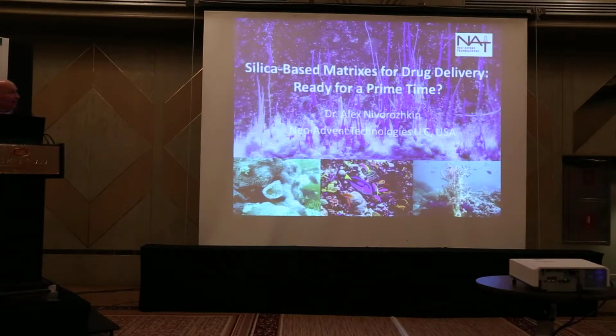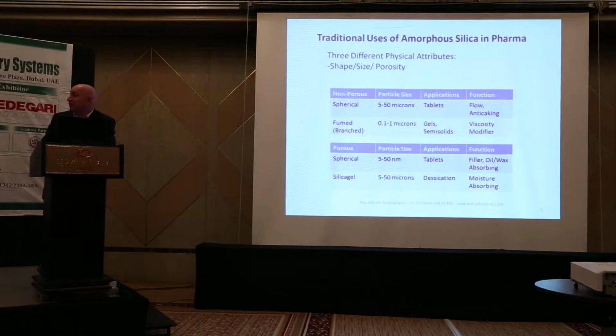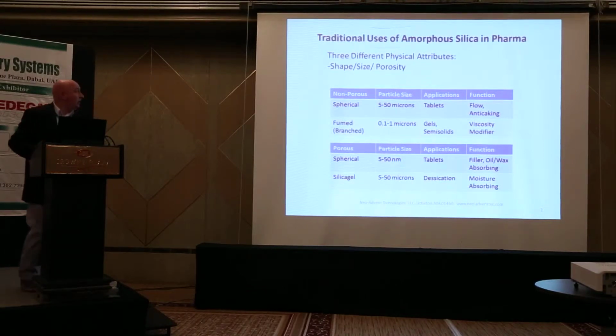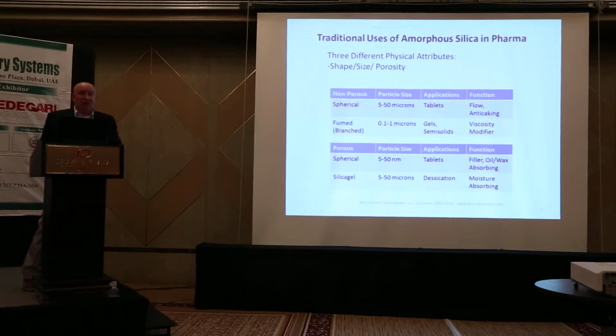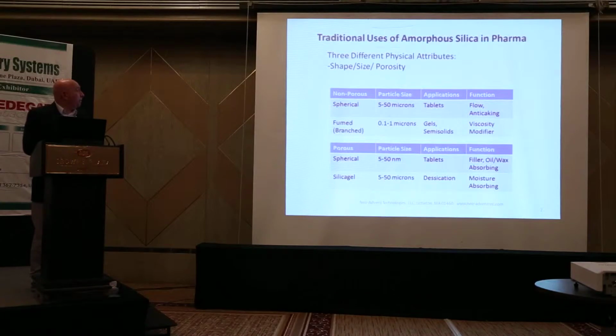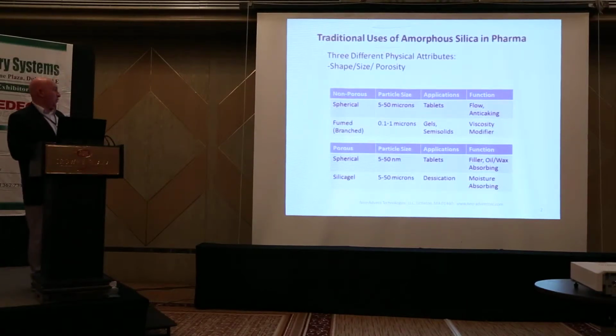I put together this picture of the different kinds of silicas in our lab, and we have things like silica gels, diatomaceous earths, and things like that. All these kinds of silica are amorphous silicas, and we have dozens and dozens of different brands, and they all differentiate by three main attributes: shape, size, and porosity.